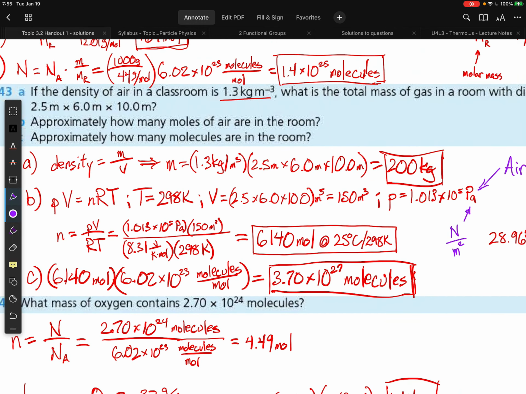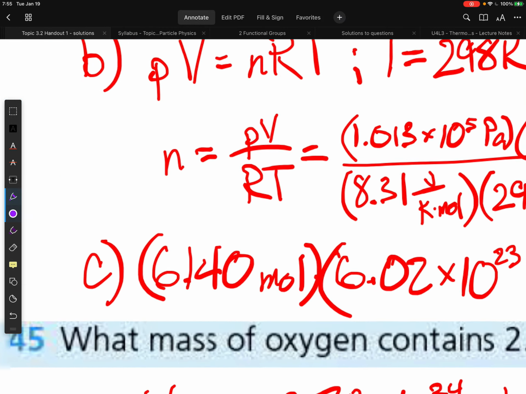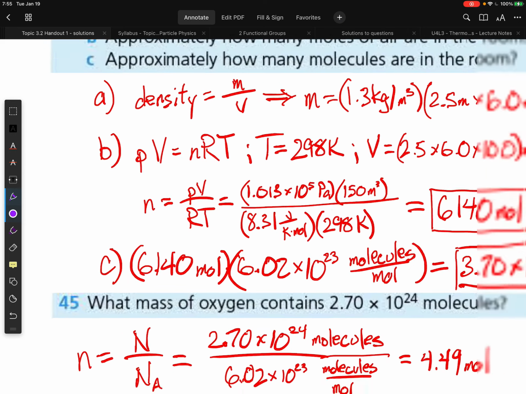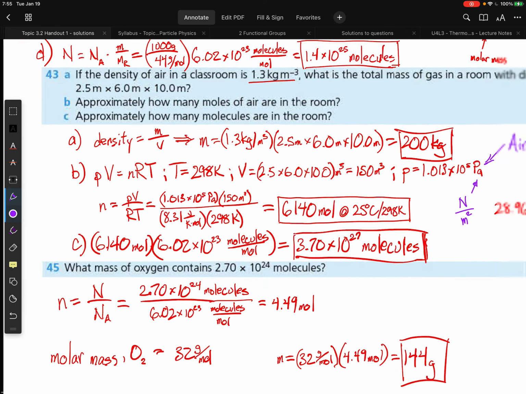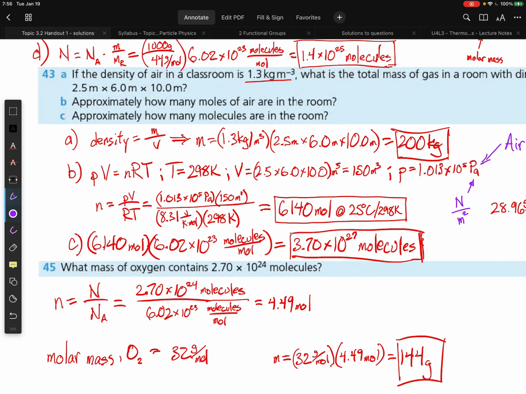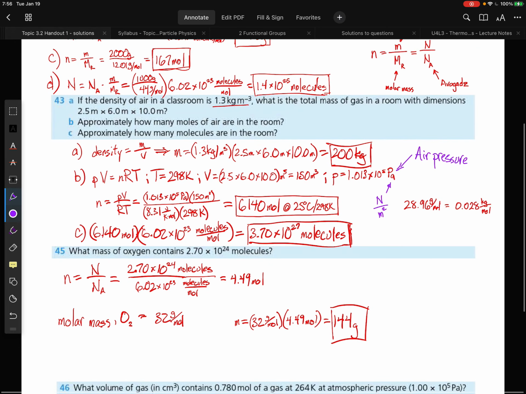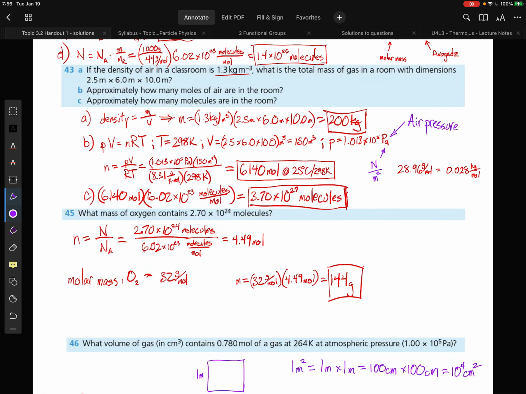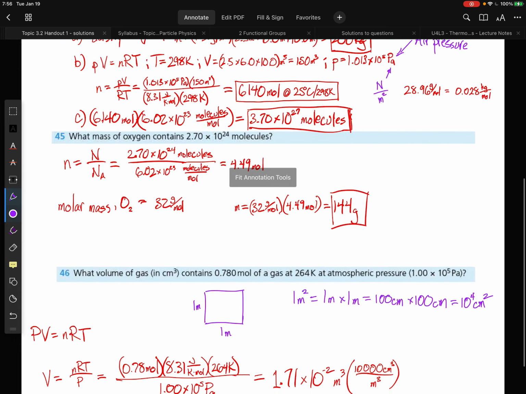Obviously, you're going to have a different answer if you use the molar mass, which would give about 7,000 moles. But that would also be at 0 degrees, probably.